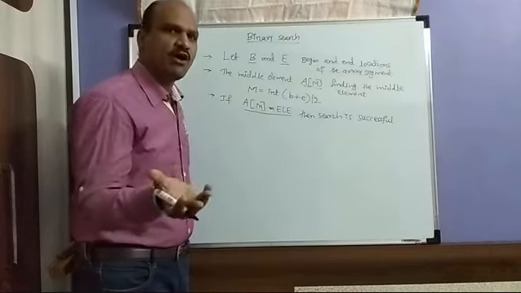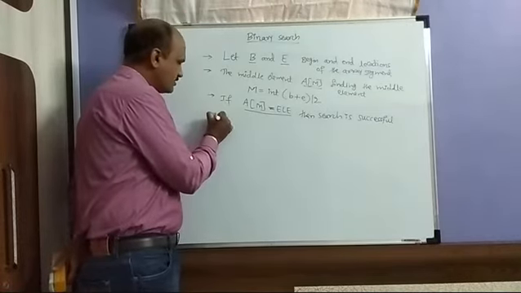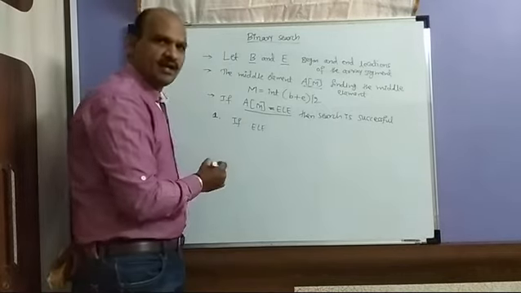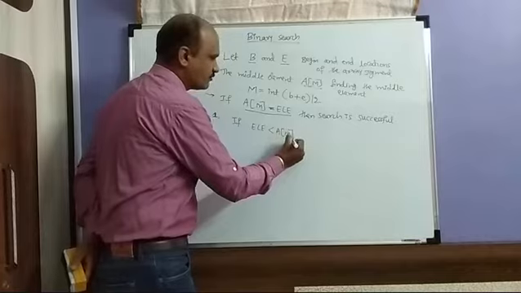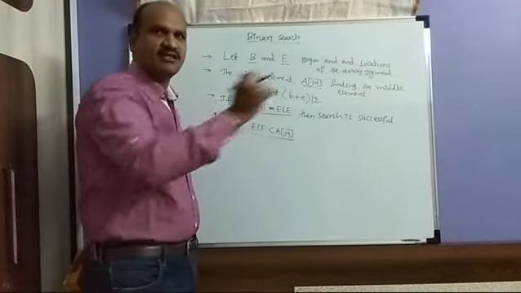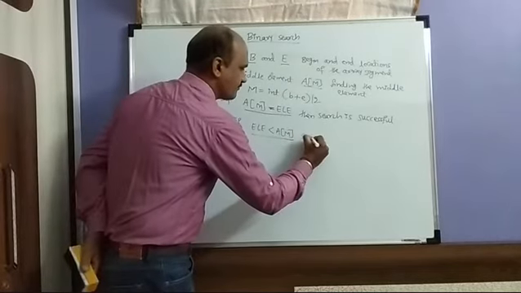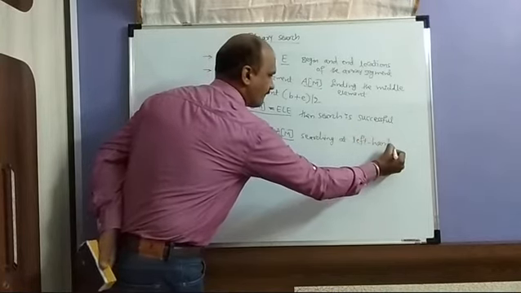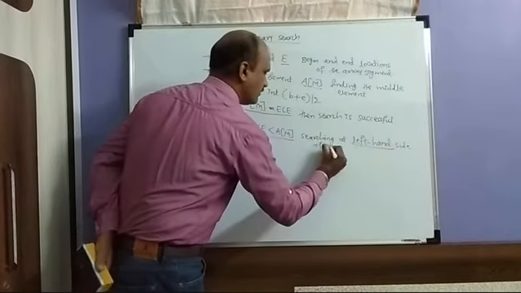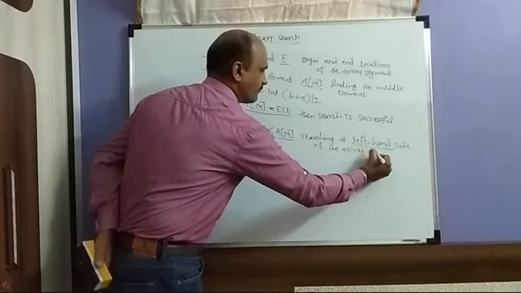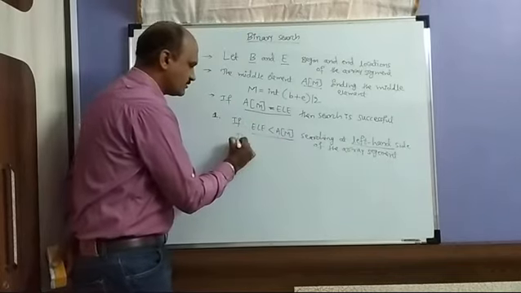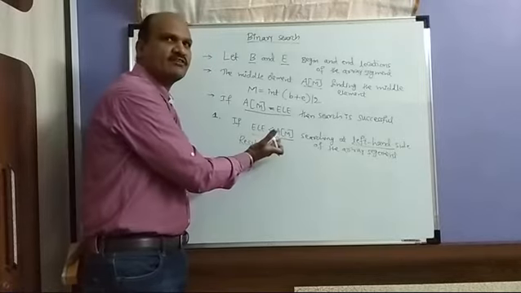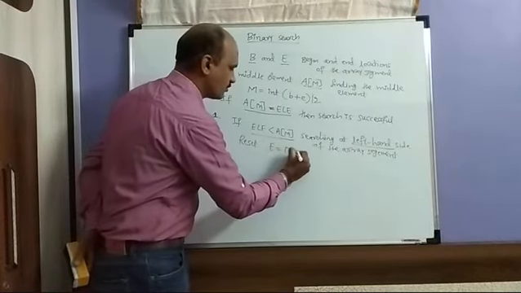Otherwise, if the element is not present in the middle, you have to go either to the left hand side or the right hand side. For that, the first condition you should write is: if element is less than A of M, search at the left hand side of the array segment, and you have to reset E. When going left, E is equal to M minus 1.